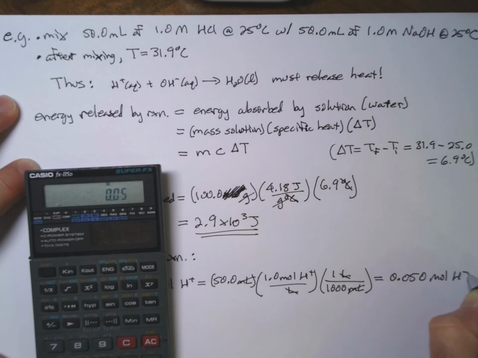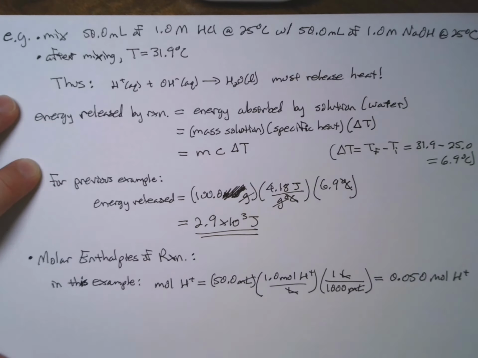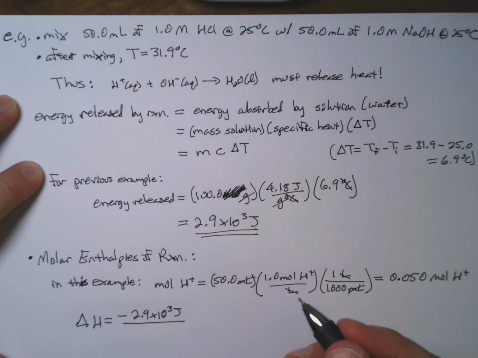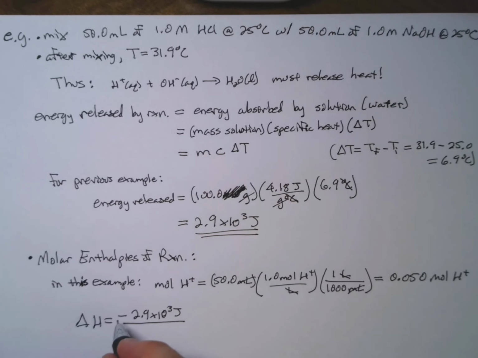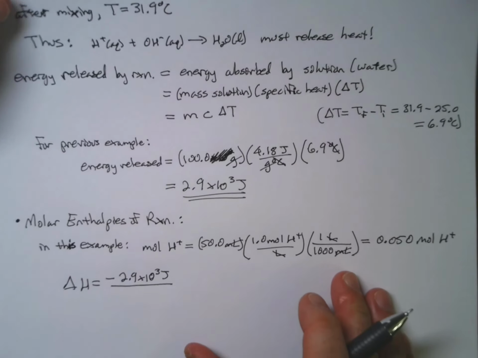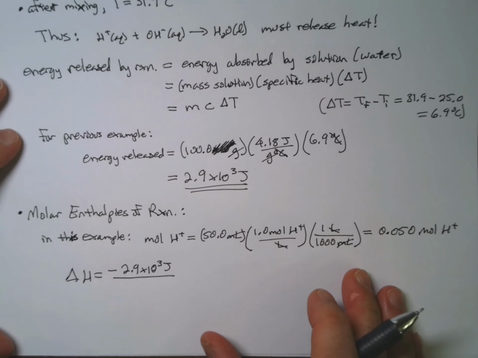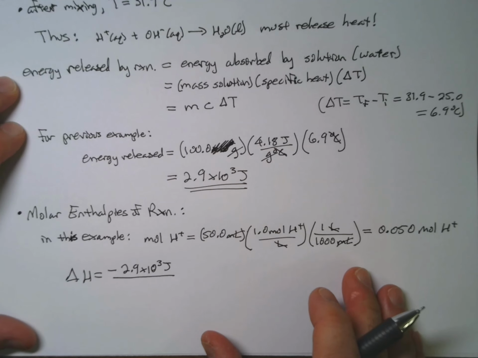moles H+. So our delta H then is equal to minus 2.9 times 10 to the third joules, because it is given off by the reaction. It's negative because the heat is given off by the reaction. Heat is leaving the system.